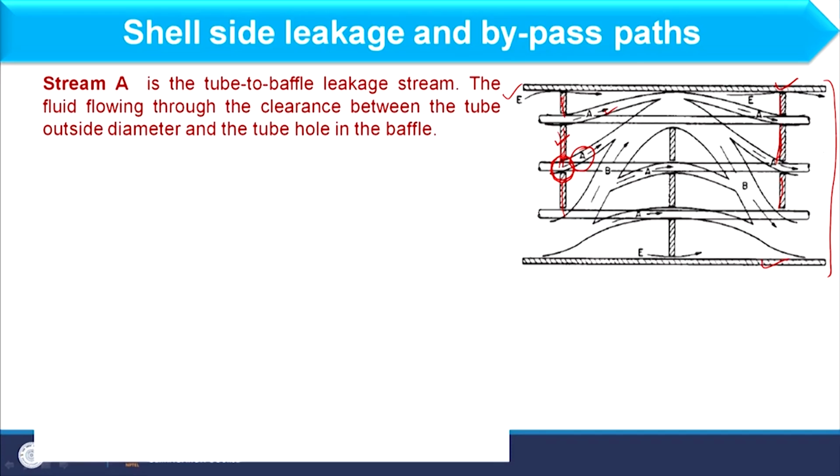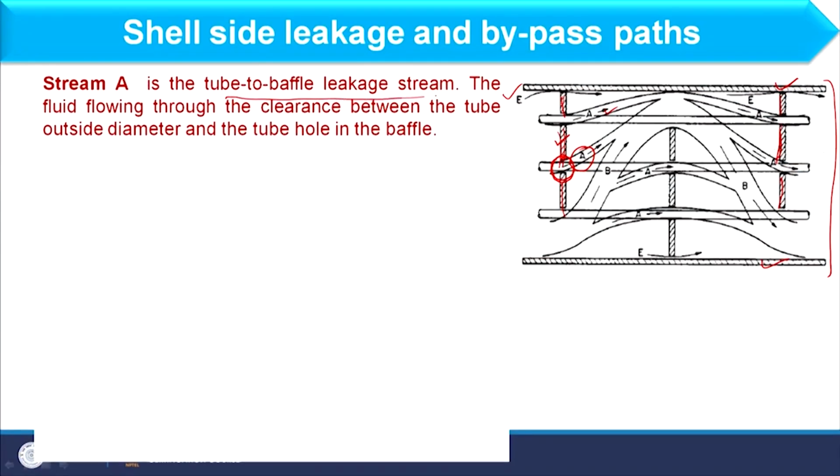Obviously, this is very obvious also, as we have to insert the baffle over the tubes. So, insertion is possible only when I am having a larger hole diameter in comparison to the OD of the tube, then only it will slide over the tubes.